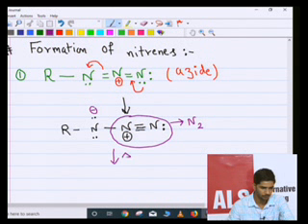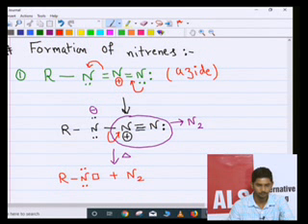If you heat this compound, nitrogen is a gas, it will escape out very easily. So we can say this bond will shift over here, and you will get R, N, lone pair with this vacant orbital, plus you will get N2.